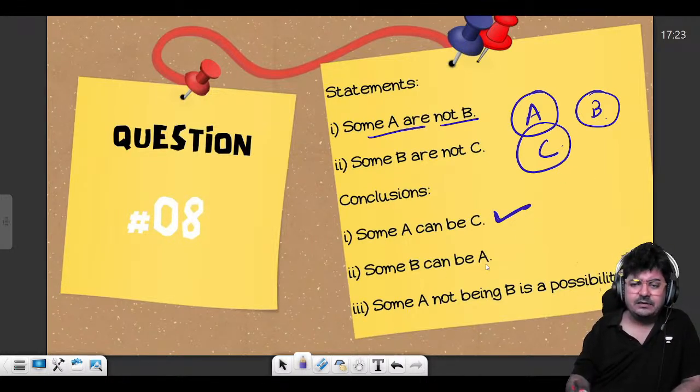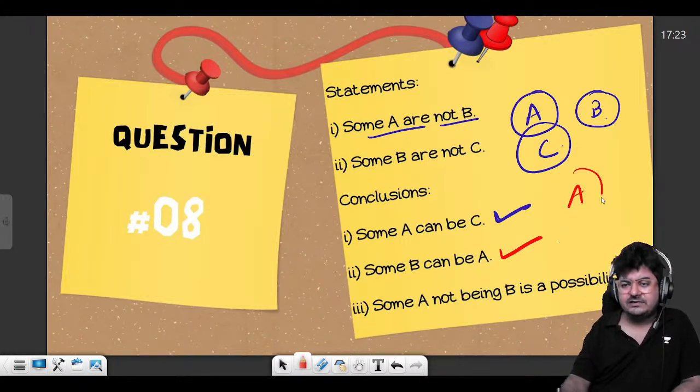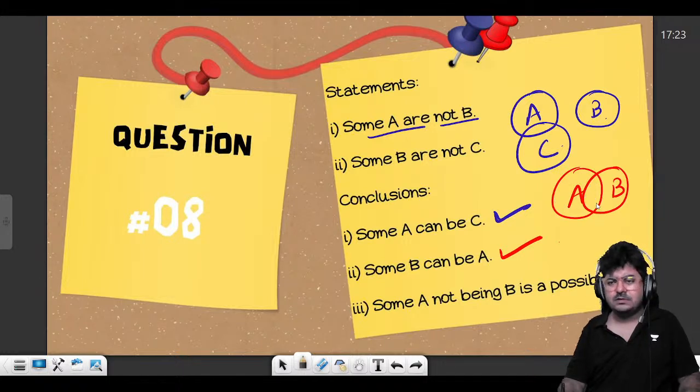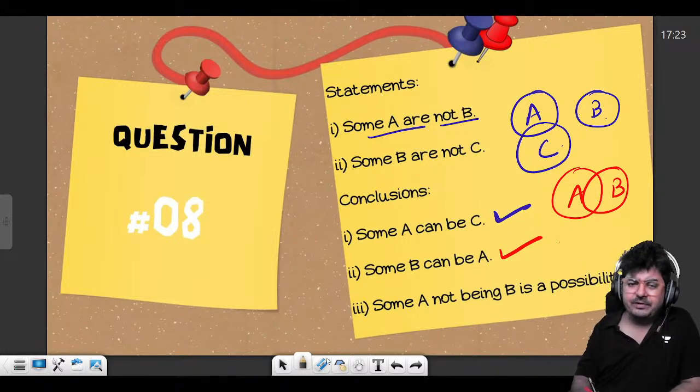Some B can be A. That is also correct. It could be like this: A and B. So you can see some of the A is not B, but some of A is B. So that is also possible.